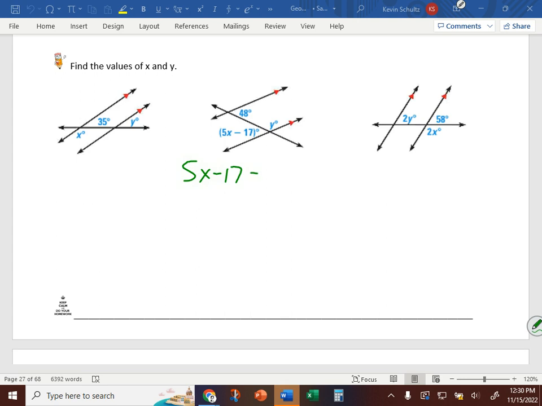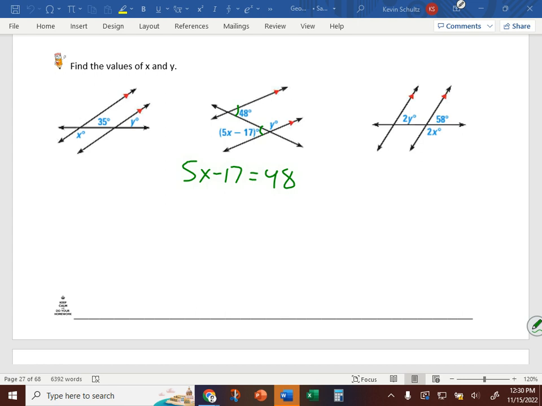Because of alternate interior angles. Okay, that relationship tells us that these two angles are congruent because of their position, their location, their relationship. Therefore, 5x minus 17 is equal to 48. From there, you're just solving a standard two-step equation for x.